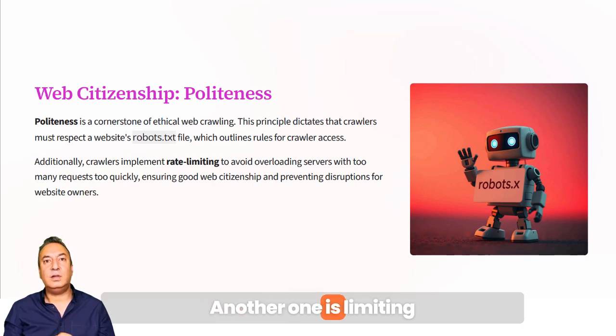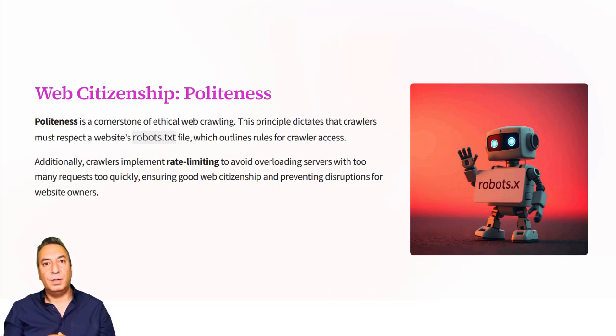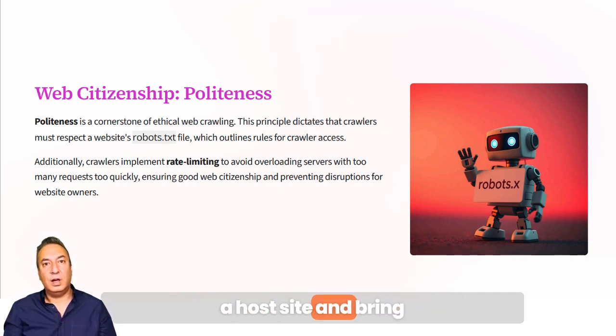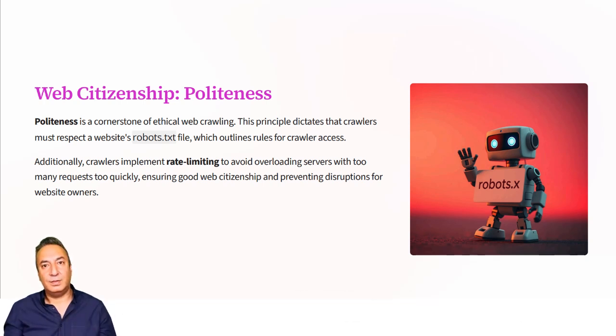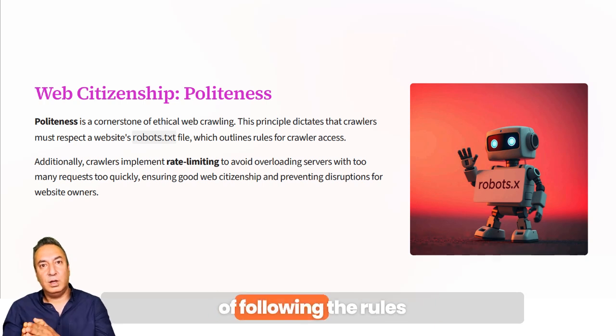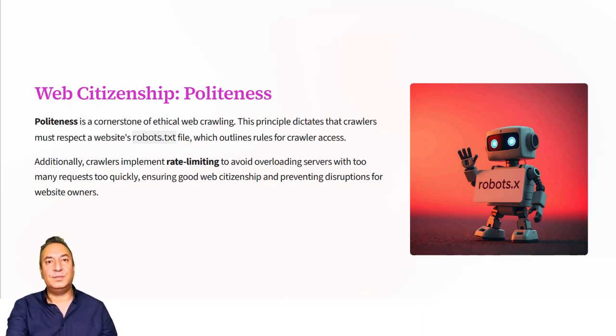Another one is limiting the rate at which they crawl the web page. So we don't want to overwhelm a host site and bring it down by crawling it at a very rapid speed. So it's good to be polite in terms of following the rules in robots.txt and limiting the rate at which you're crawling the site.